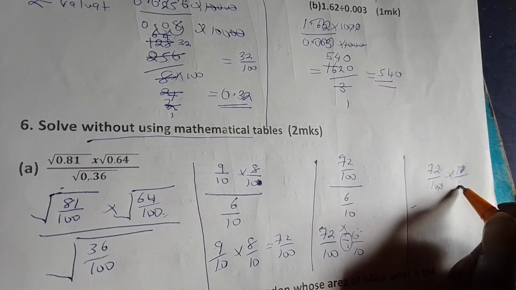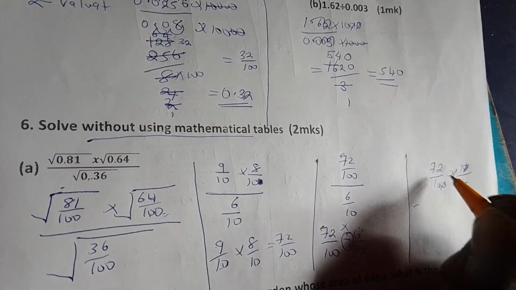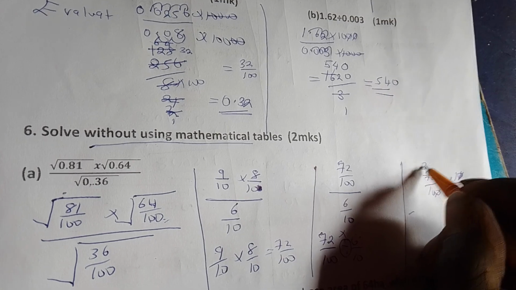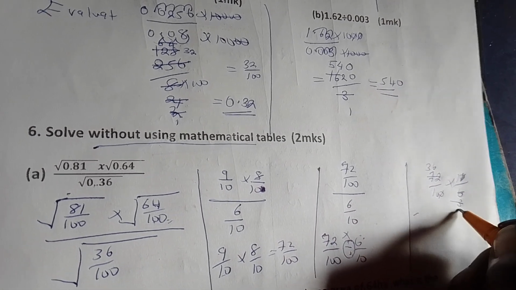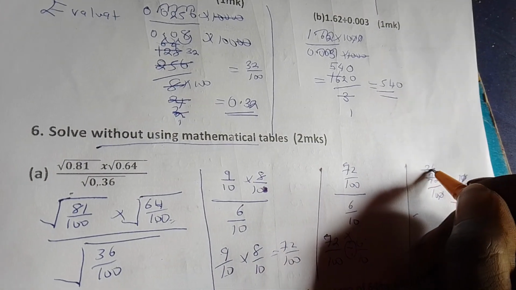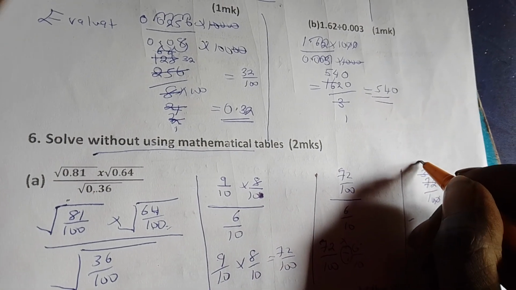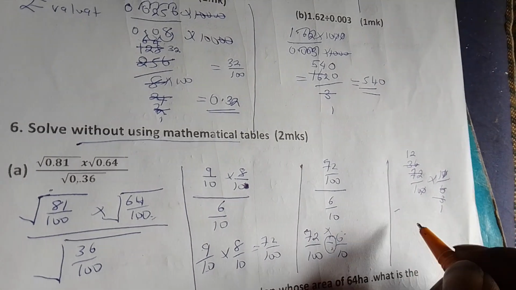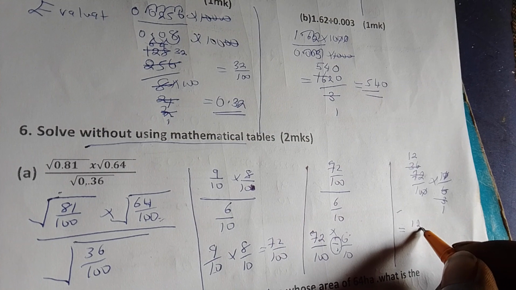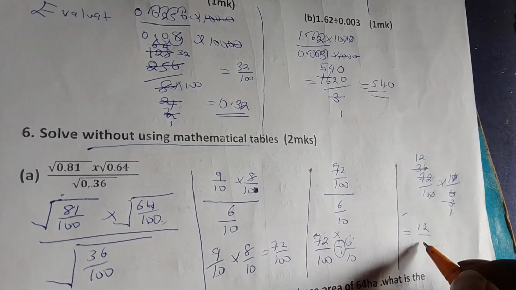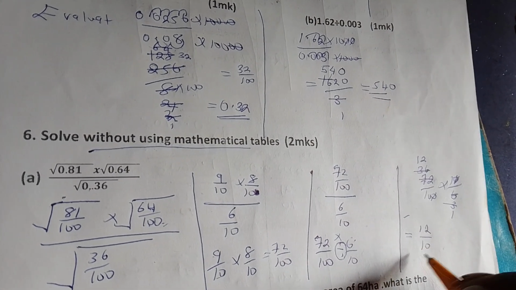There. By 2, 3 by 2 gets 36. Then by 3, 1 by 3 gets 1, 2. So you are left with 12 over 10.